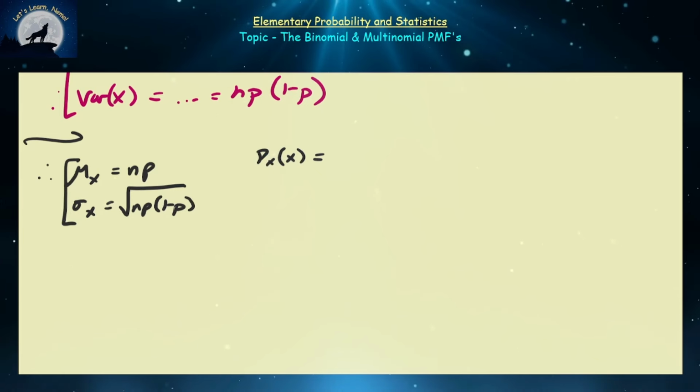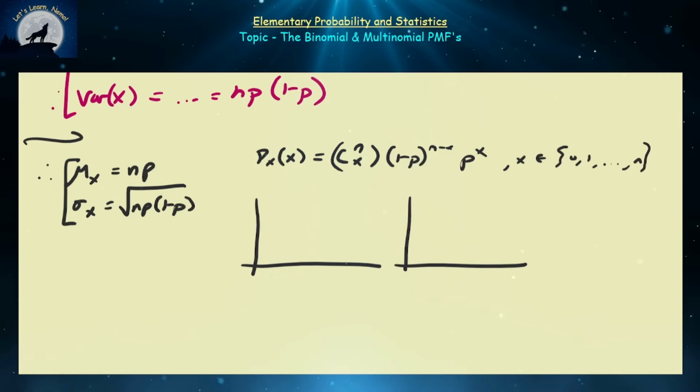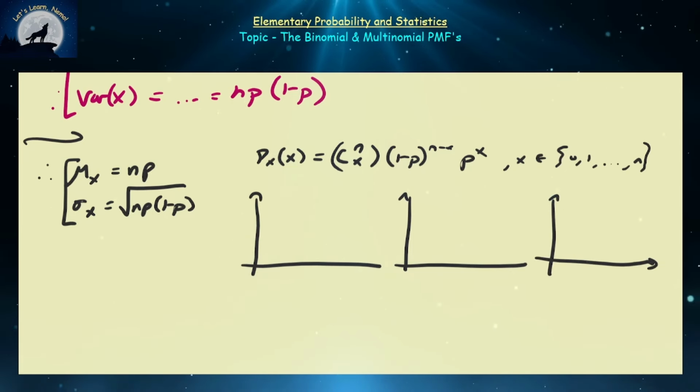And we have the probability mass function, n choose x, and then 1 minus p to the n minus x times p to the power of x, where x ranges from 0, 1, all the way up to n. So what does the graph of a binomial distribution look like? There's actually three variations that you could have for binomial random variables.